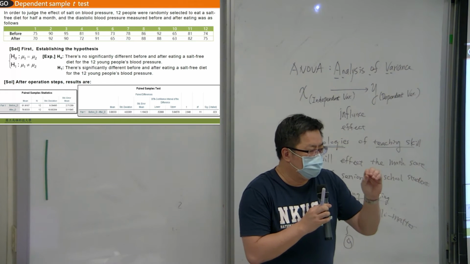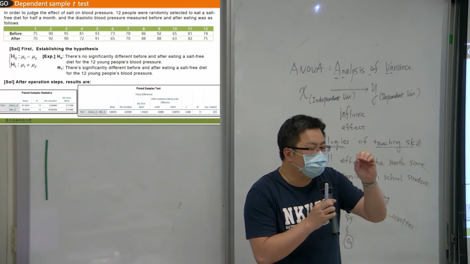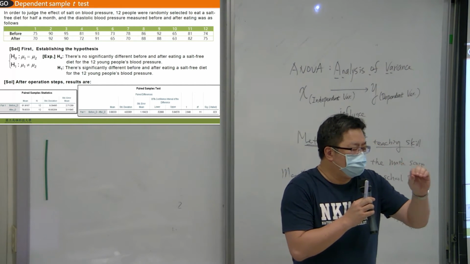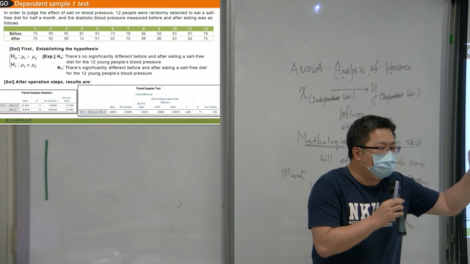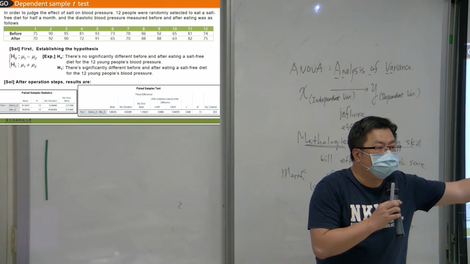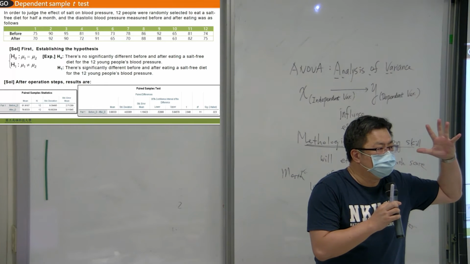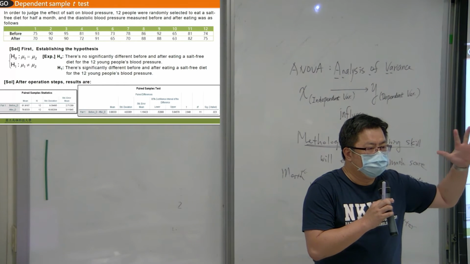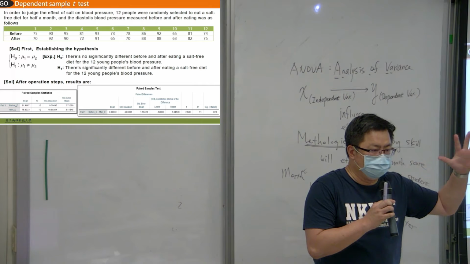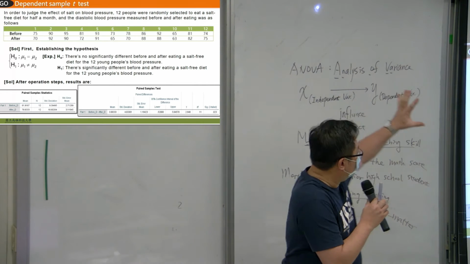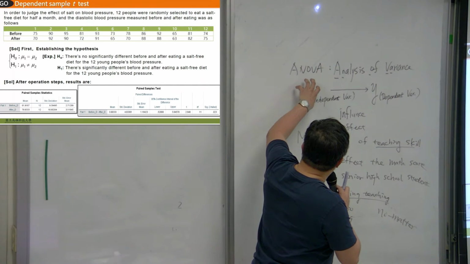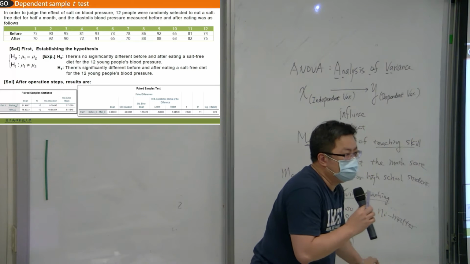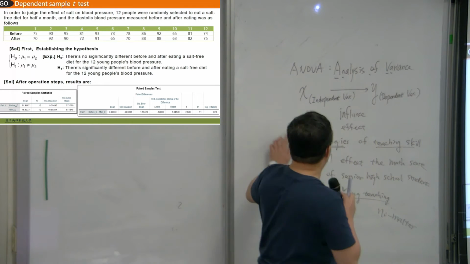Please listen carefully. If your research is focused on the independent variable, you want to discuss what kind of teaching skill is better, your research is focused here. We call that way ANOVA.